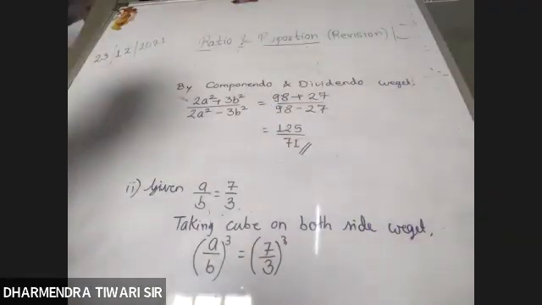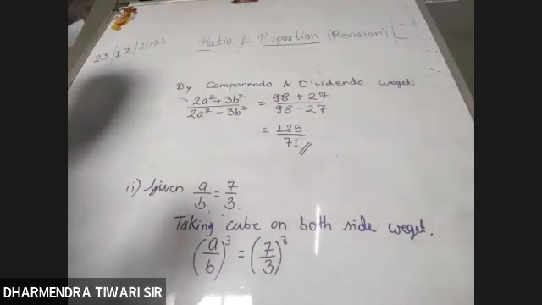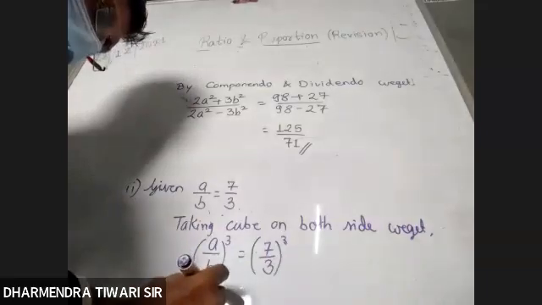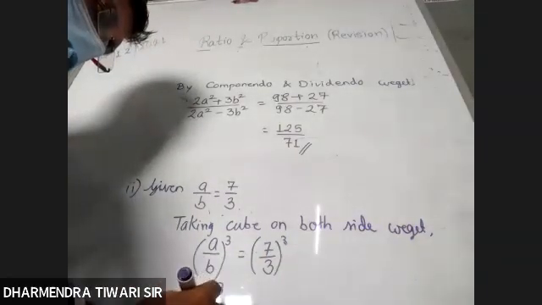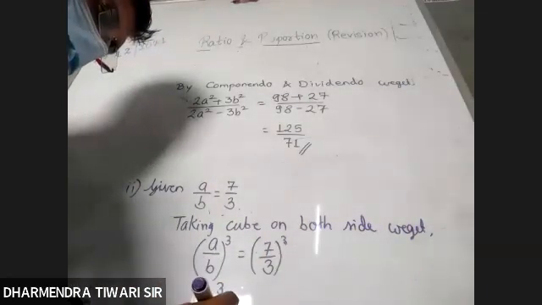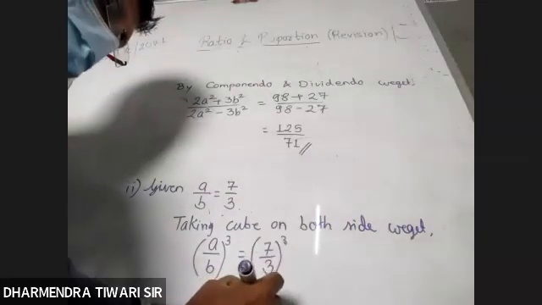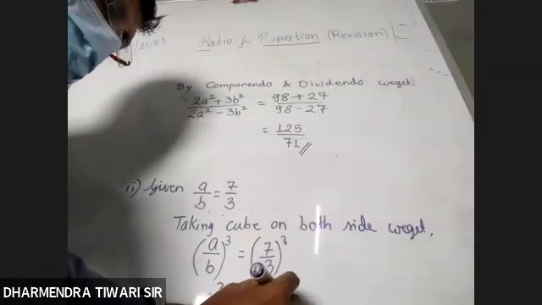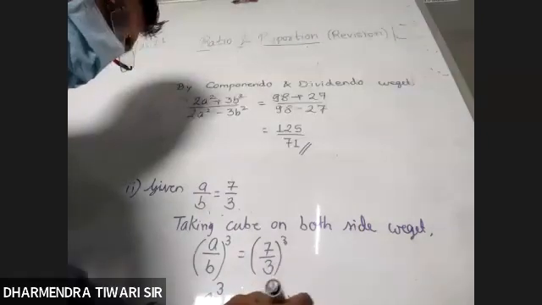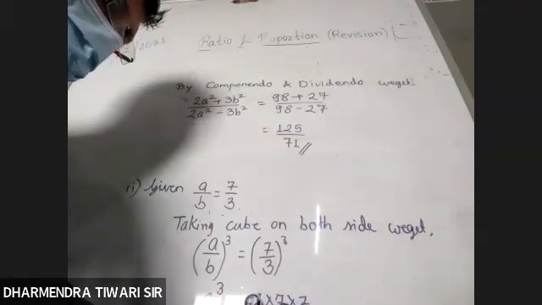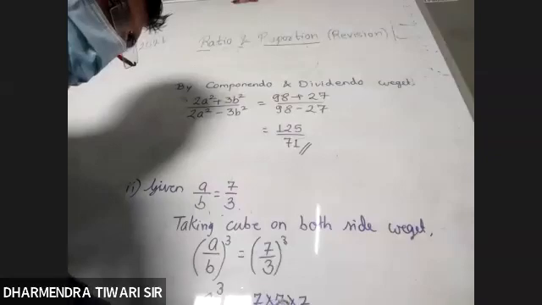As you should be good in cubes, you know that 7 cube is 343 and 3 cube is 27. If you are finding it difficult, just apply the law of indices. a cube by b cube is equal to 7 cube, you can write it as 7 into 7 into 7 divided by 3 into 3 into 3.